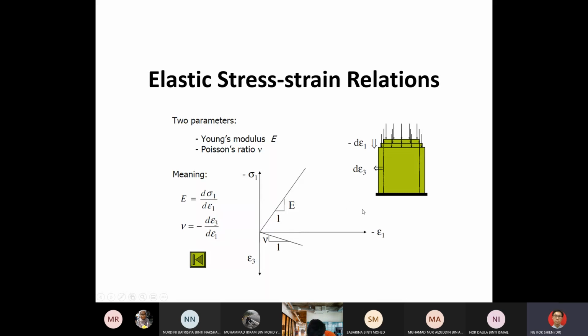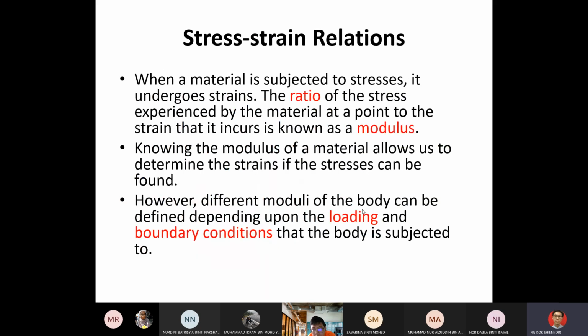So elastic strain, if you want to describe in a three-dimensional space, you can use Hooke's law. We will talk about Hooke's law later on, but now we look at the relationships first. When a material is subjected to stresses, it undergoes strain. The ratio of the stress experienced by the material at the point to the strain that it incurs is known as a modulus.